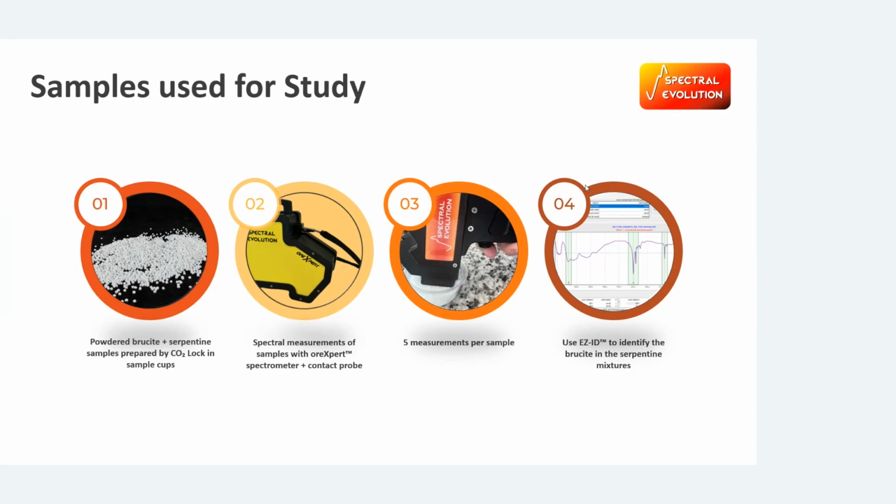We took 5 measurements per sample in order to get a better overall reading of the mixture, because remember, this is a surface measurement. So you might be getting some areas of the sample where we might be seeing some of the other minerals rather than the brucite. We also used our EasyID mineral identification software in real time to identify the brucite and serpentine.